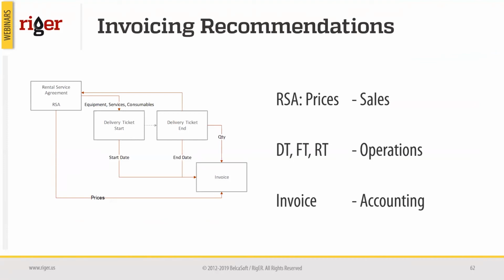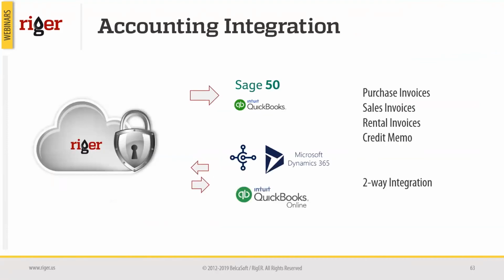This is true. And when we generate invoices, which is one of the goals of our system, we send them to accounting, and we right now have several integrations with Sage, QuickBooks, and Microsoft Dynamics. It depends on the system. It could be one-way or two-way integration, and usually we send purchase invoices, sales invoices, rental invoices, and credit memos.